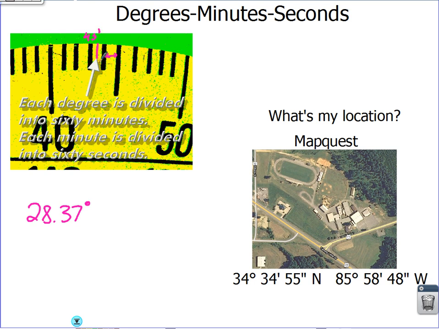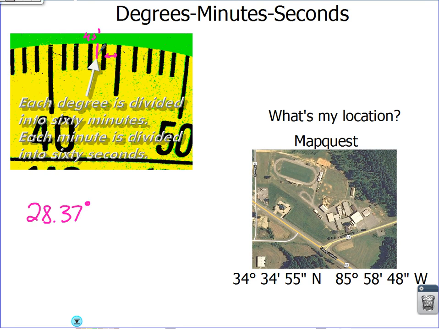Let's say it's about halfway, so I went over about 30 of them. Well, what if it's not quite 30? It's somewhere between 29 and 30, and you took and divided that into 60 small slots. That's what degrees, minutes, and seconds are.